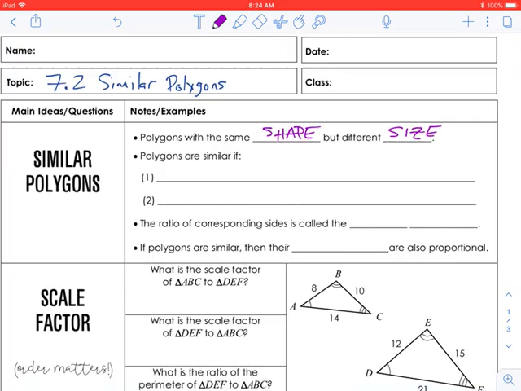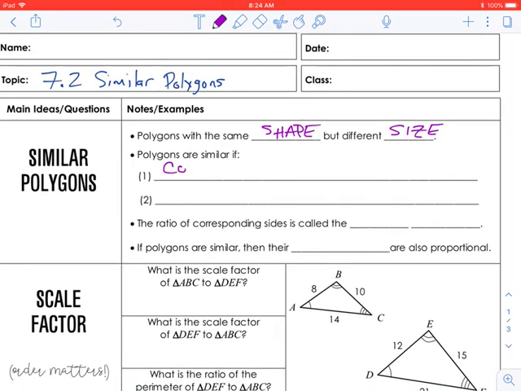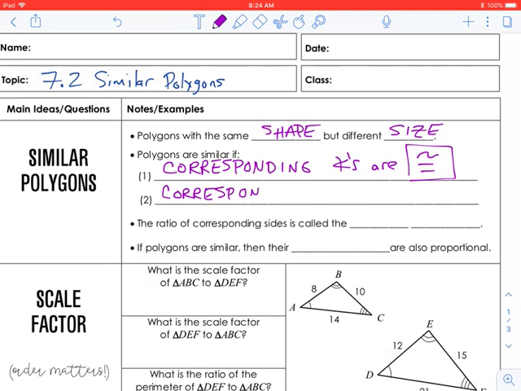So polygons are similar if two things are true. First of all, their corresponding angles are congruent, and then their corresponding sides are our new word from last lesson, proportional.